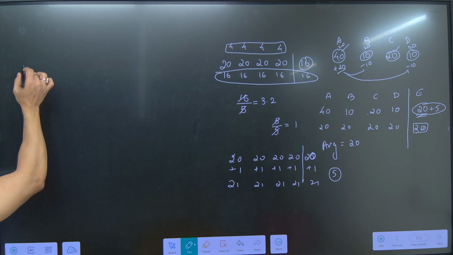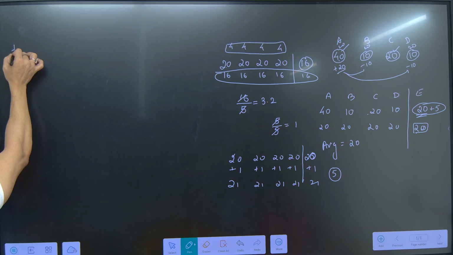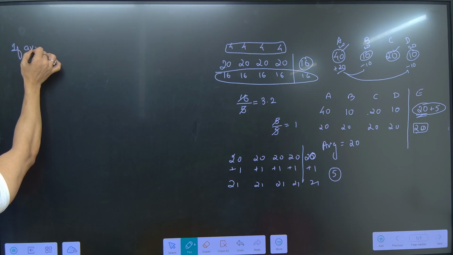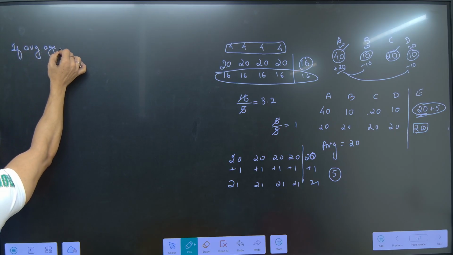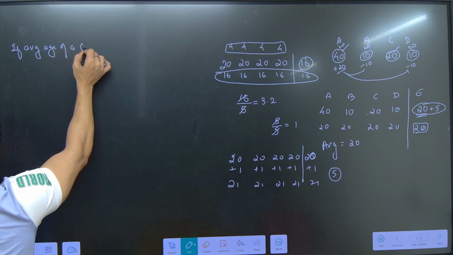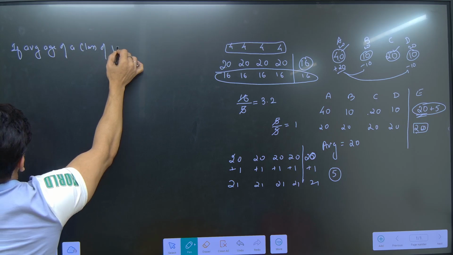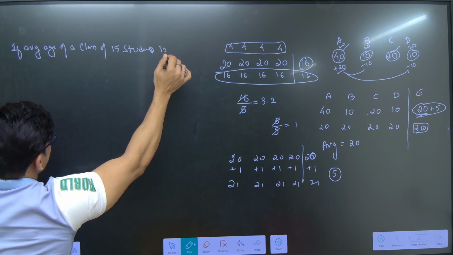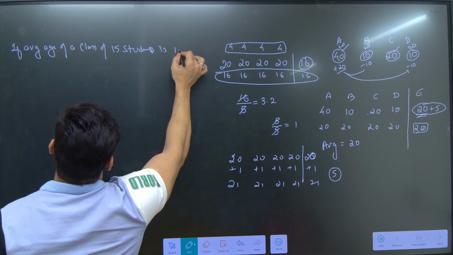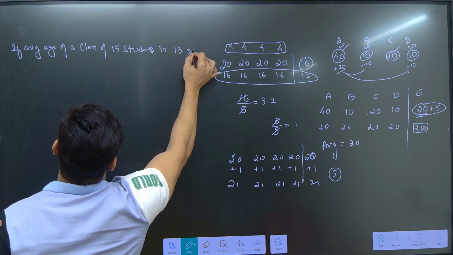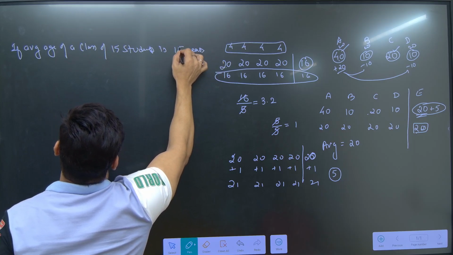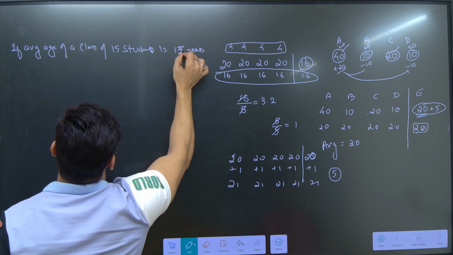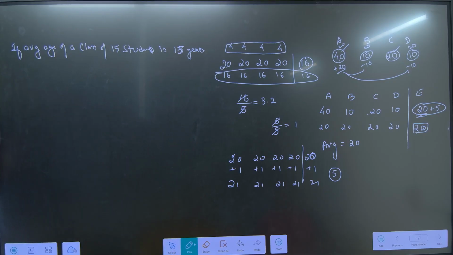Okay. Now, if the average age of a class of 15 students is, let's say, 13 years, right?